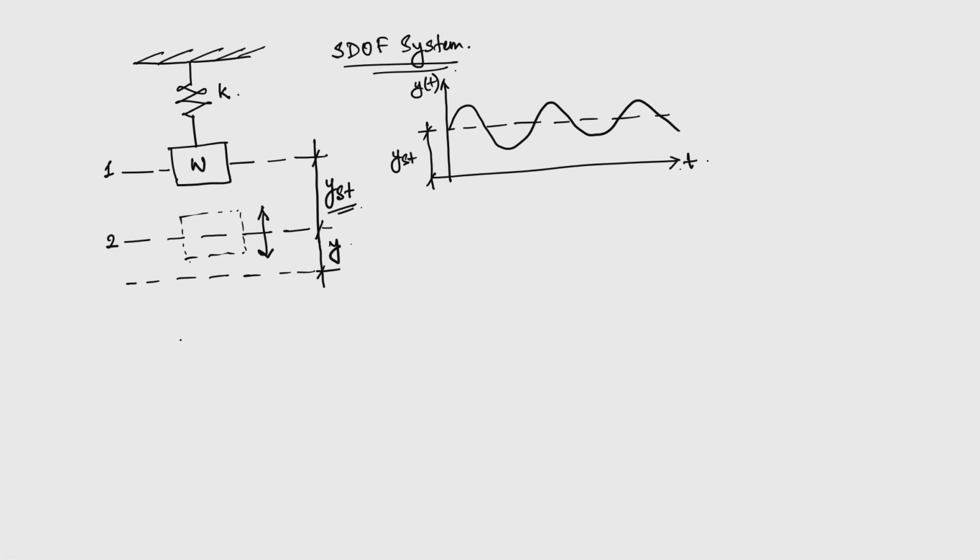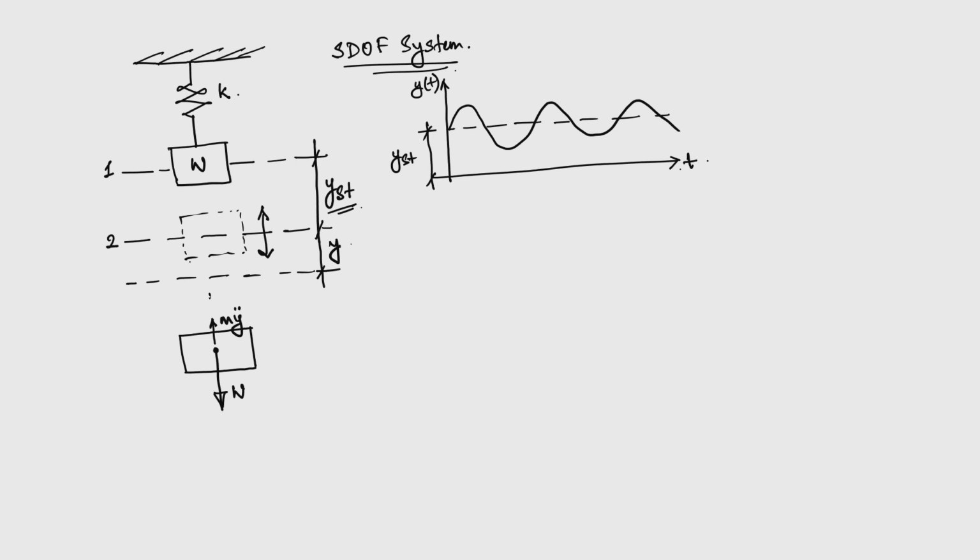Now, let us draw the free body diagram. So, isolate the body. In this case, the gravity is acting downward, and for that we have this weight W. Then at this point at CG, there will be an inertia force, and in this case it is mass times the dynamic deformation, that is y double dot times mass is the inertia force.